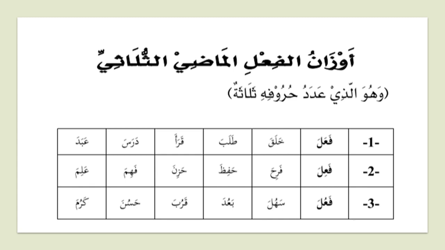Hasuna is to be good. And karuma is to be kind or generous. That's 15 verbs that you can memorize until the end of Ramadan, inshallah. That should take you to the end of Ramadan.